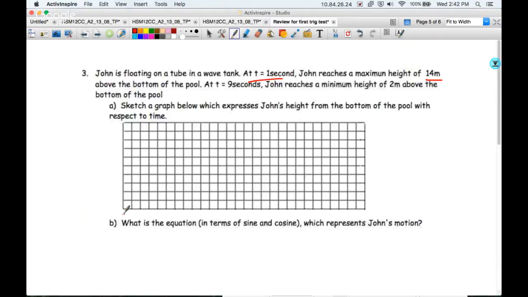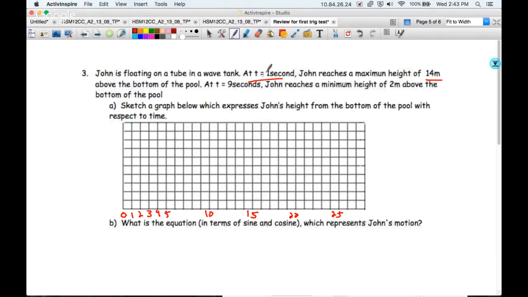So this bottom here can just be seconds. We'll just go 0, 1, 2, 3, 4, 5, 6, 7, 8, 9, 10, 15, 20, 25.